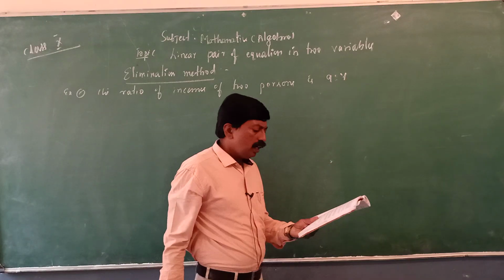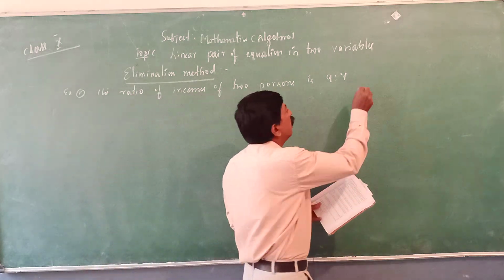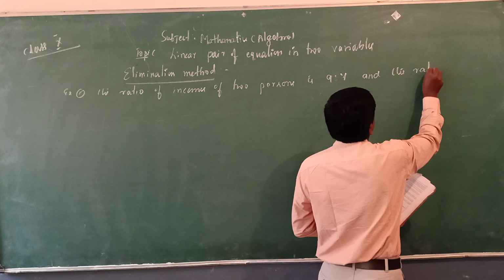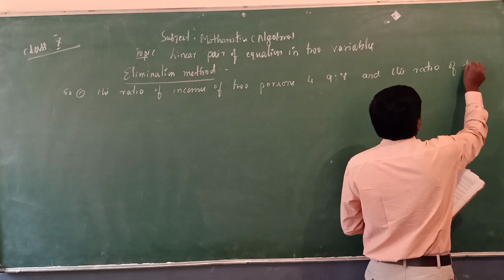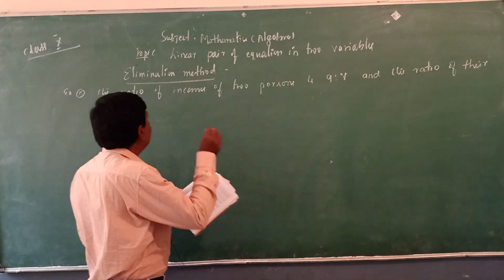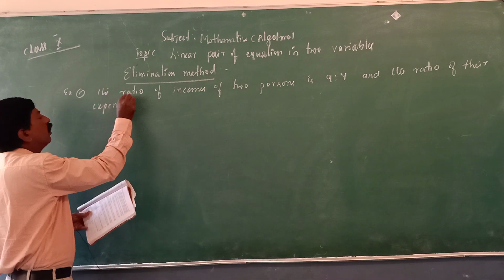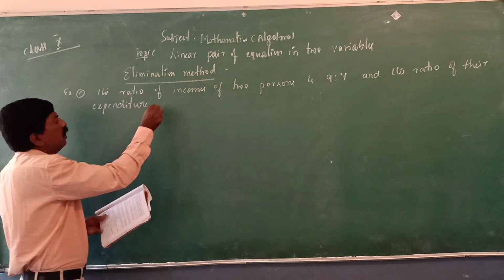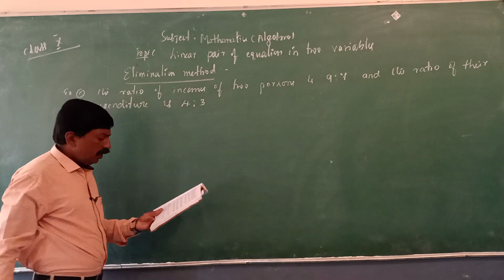That is, the income of two persons is given as 9:7, and the ratio of their expenditure is 4:3.